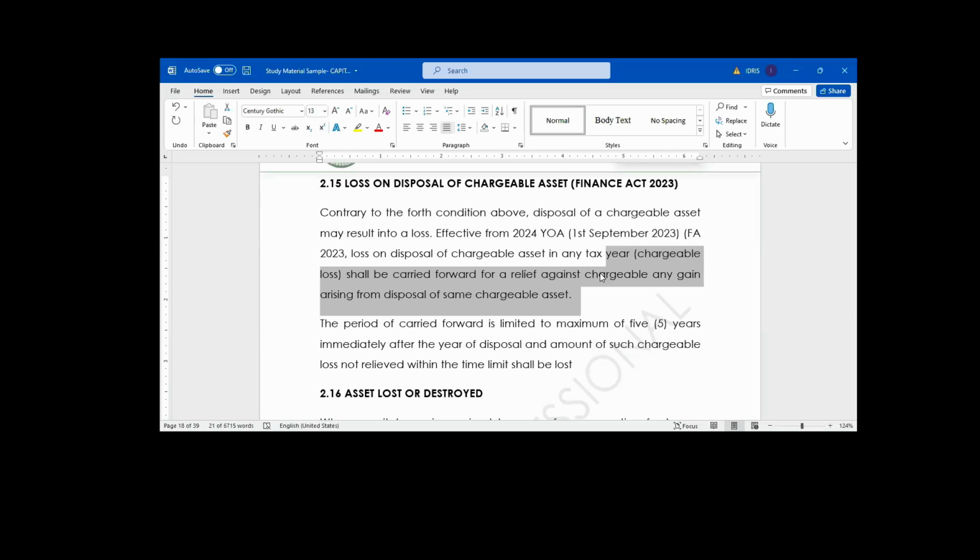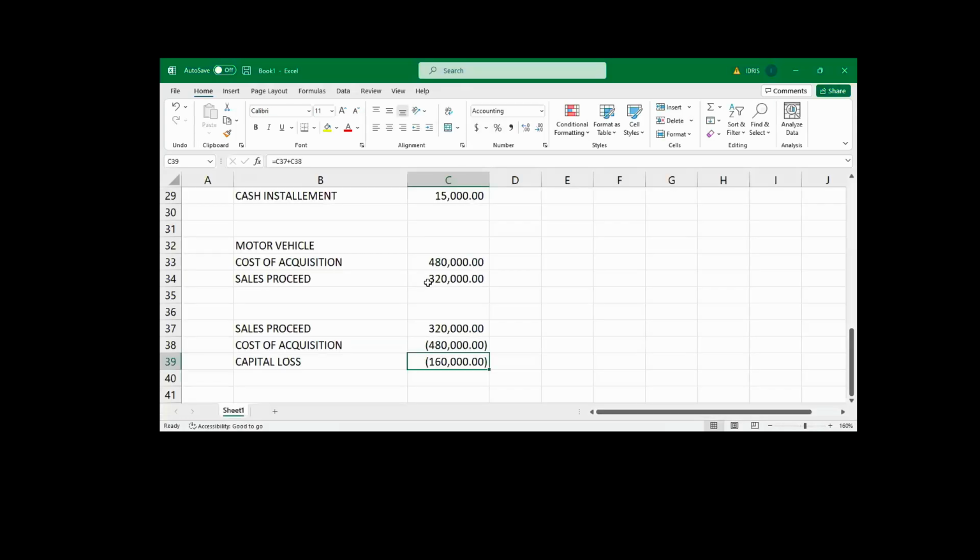In my illustration here, the capital loss was on a motor vehicle. So since it is on a motor vehicle, assuming you sell this asset in 2019, you have made a capital loss.